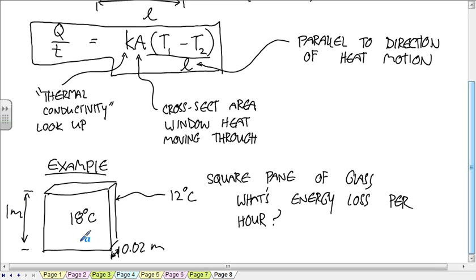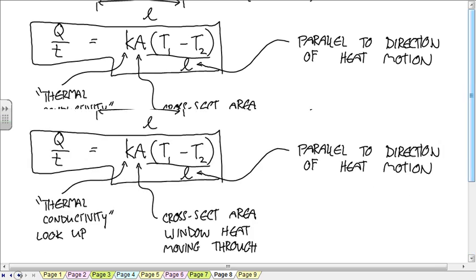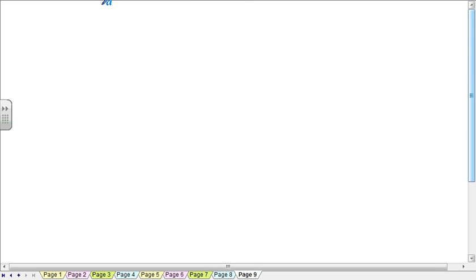The 1 meter by 1 meter. Yep. I said think of it as a window that the heat is transferring through. This is literally a window that the heat is traveling through. That area is perpendicular to the direction that heat's traveling. Heat's traveling like into the board. So the area is 1 meter by 1 meter.